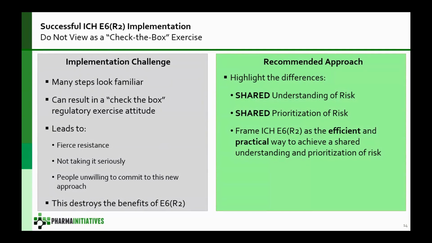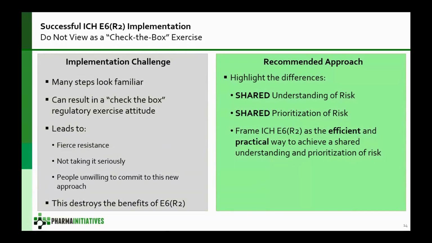So in terms of our approach, it's key that as you communicate, and there's a lot of communication involved in a successful implementation of E6R2, that you highlight the differences. And some of those key differences are, even though in the past maybe each individual function has looked at the risks, we've never as a standard developed a shared understanding of what those risks are, nor have we developed a shared prioritization or sense of which of those risks collectively are the riskiest for the study.